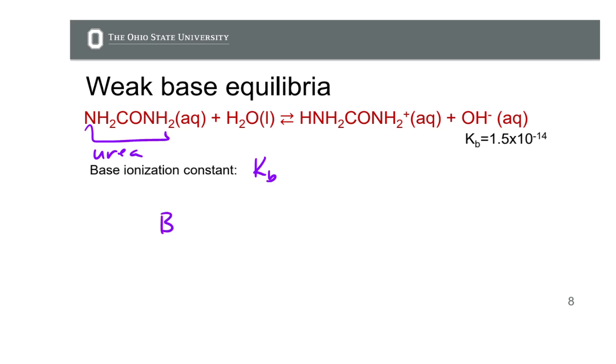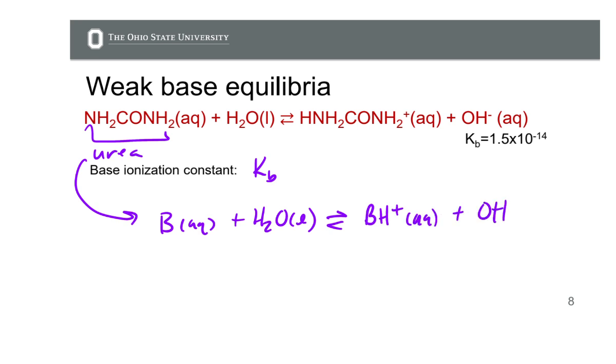So I'm going to use the general base form. Urea is going to be reduced down to the letter B. So if we put this in equilibrium with water, we'll form BH plus and OH minus.